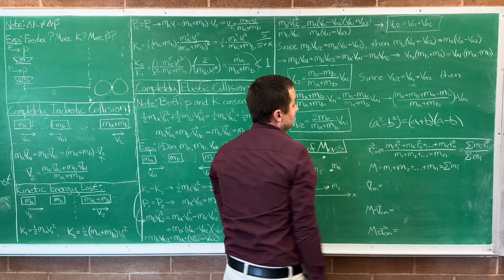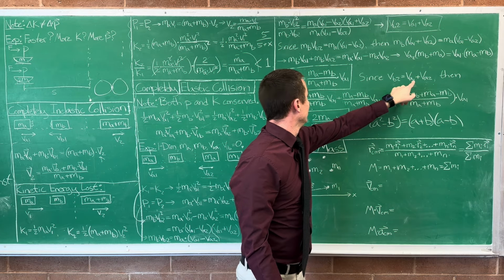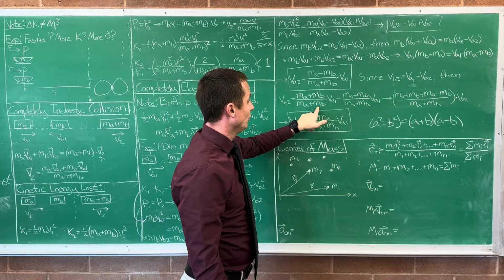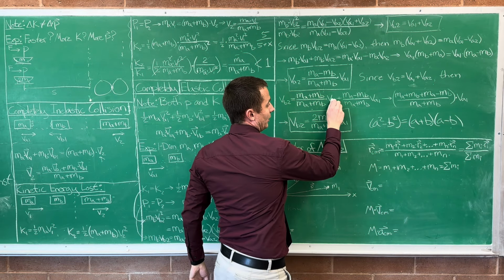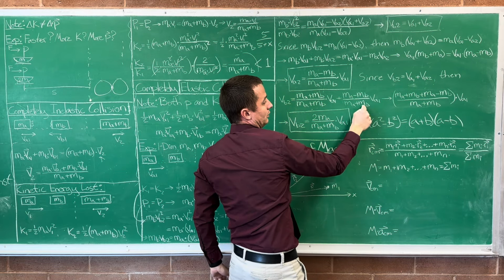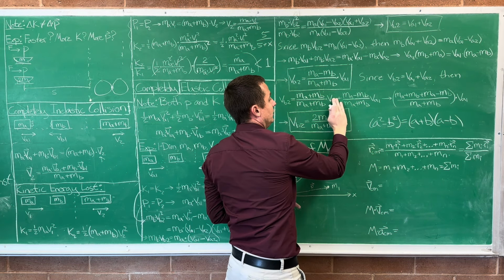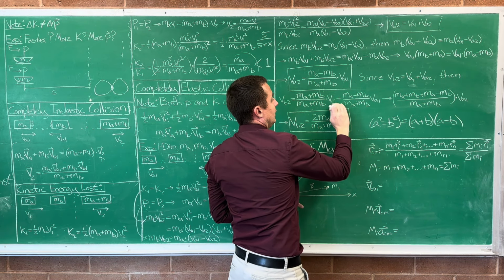Okay, so this VA1, I multiplied it by 1, so I could have a common denominator with what this one's going to be. So VA1 is right here, and I just multiplied it by 1.